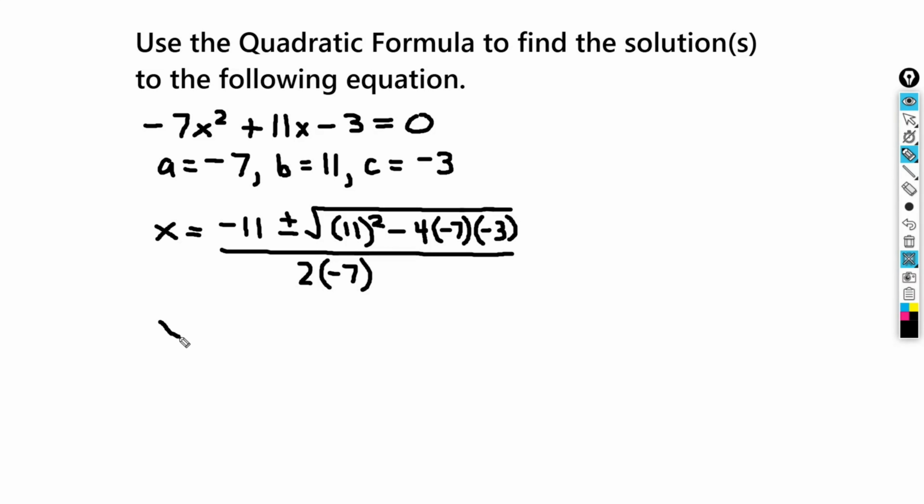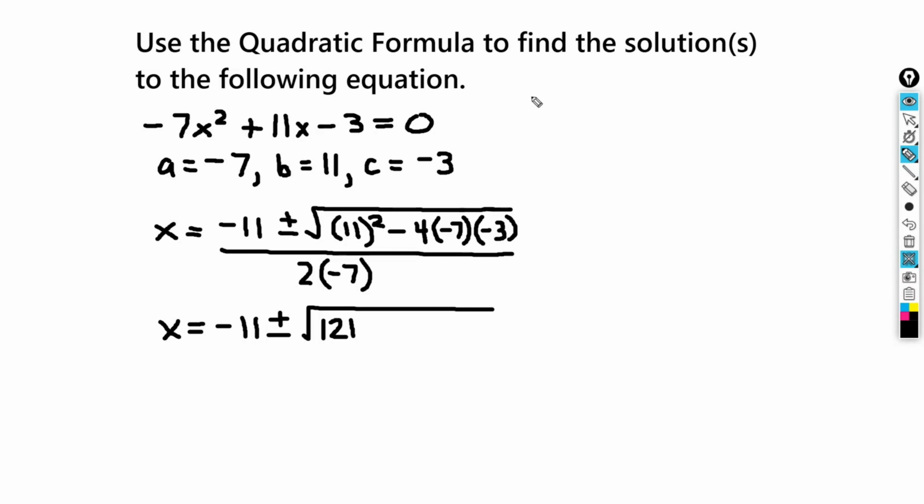So if we continue to simplify this, we get x equals negative 11 plus or minus the square root, well, 11 squared is 121. And we're subtracting, but we have 2 minuses here, so these are going to multiply to be a positive, so we're actually going to be subtracting whatever this is.